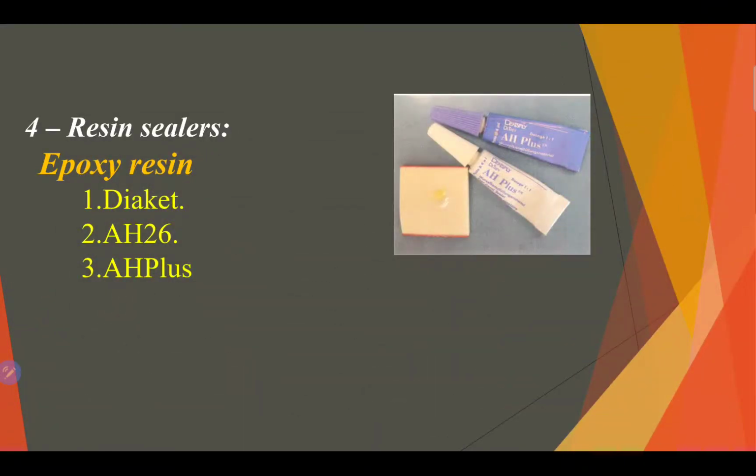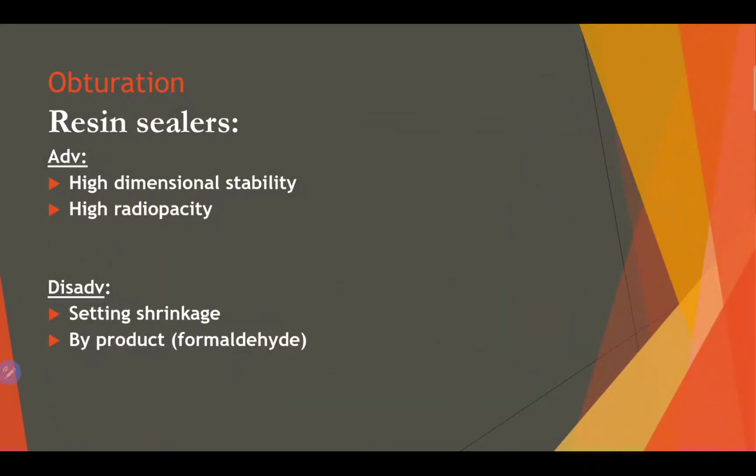Resin sealers. The resin sealers like the epoxy resin. What's the example for the epoxy resin? The Diaket, AH26 and AH Plus. It's like this picture. It's two pastes. We mix them together and then we use it for the obturation. It's a very good sealer. The advantages: it's highly dimensionally stable, there is no shrinkage in it, and it's highly radio opaque.